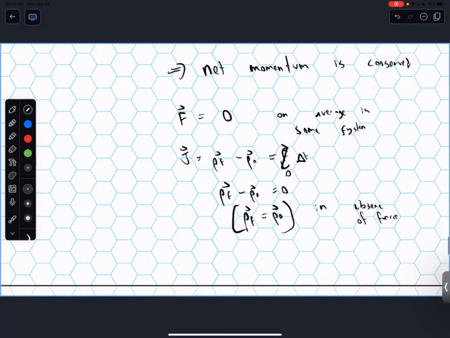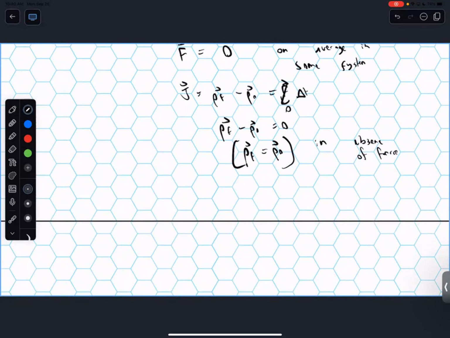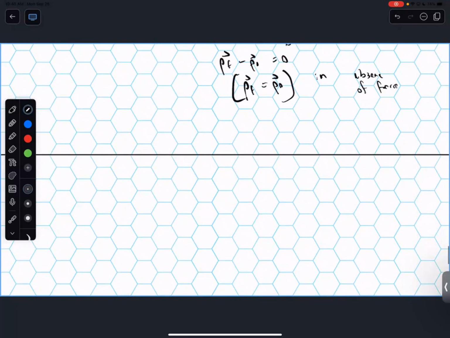The example we're going to use is two cars colliding at an intersection. We're going to treat the two cars jointly as defining one overall system that no external forces will act on. I'm going to draw this from above, so we'll see how my drawing skills are. We'll do blue for the road.